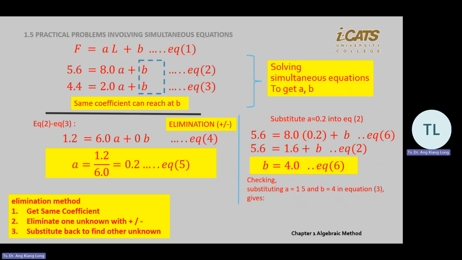The equation for this case, F equal to 0.2 L plus 4.0. Why decimal? Because your A value is 0.2. Understand? Because your A here is 0.2, so your B must follow the decimal place in engineering questions.